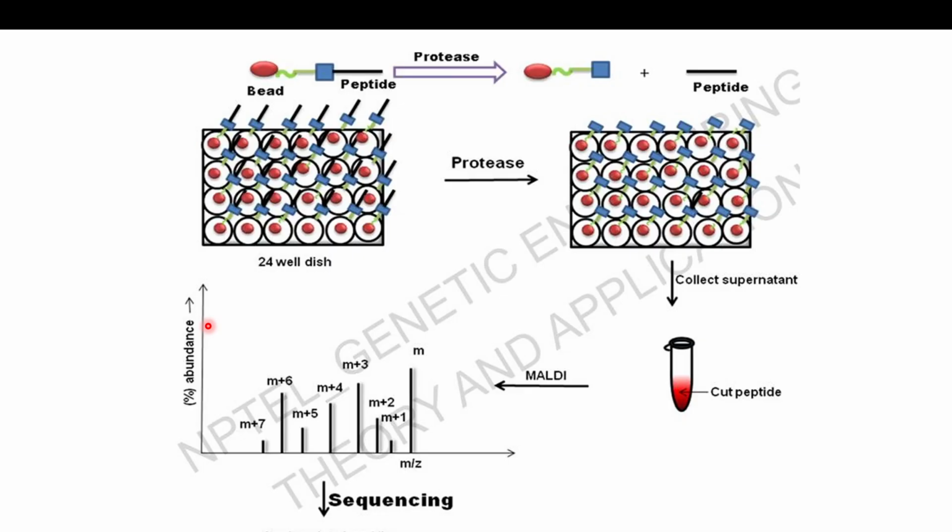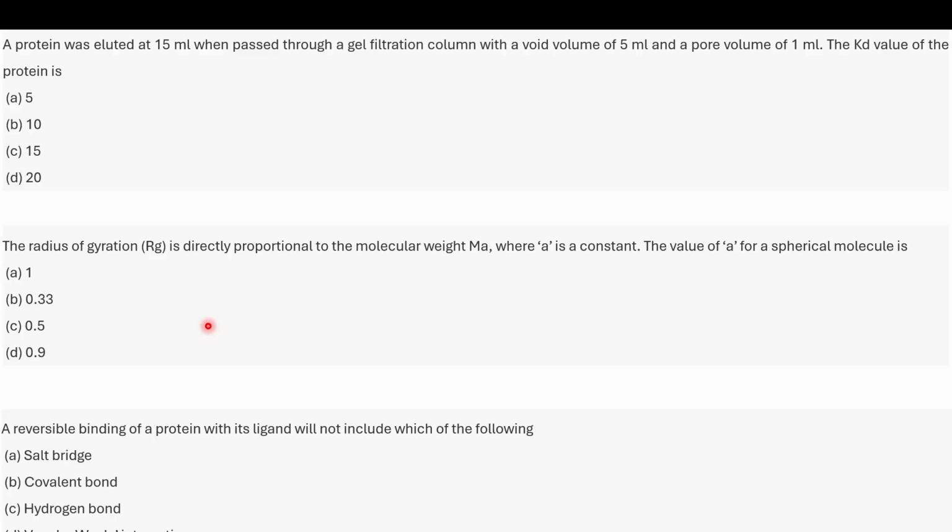So now let's look at some of the sample questions. A protein was eluted at 15 ml while passing through a gel filtration column or SEC column, which has a void volume of 5 ml. Void volume means completely outside the pores, the volume occupied by the column minus the pore volume, and a pore volume of 1 ml. Now, what will be the distribution coefficient or partition coefficient of the protein?